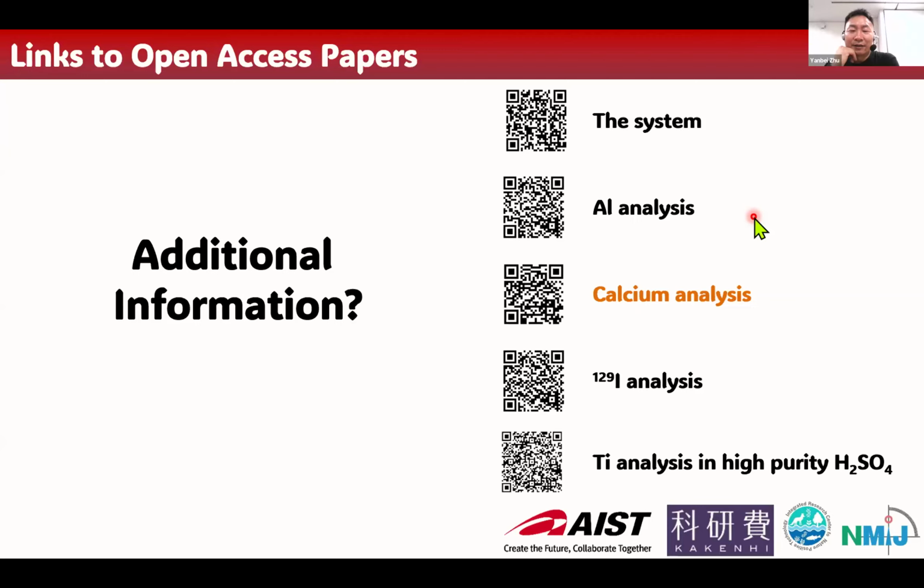Okay, yeah, especially for ICP-QMS, it has two quadrupoles. If you shift the m/z value for the second one, you can detect different kinds of product ions. And if you want to identify specific product ions, you may use isotopically enriched cell gas.